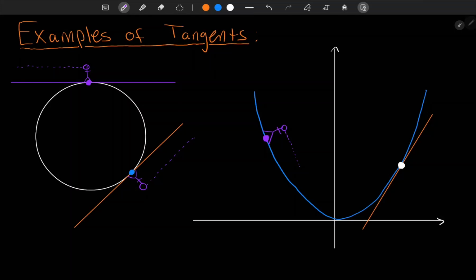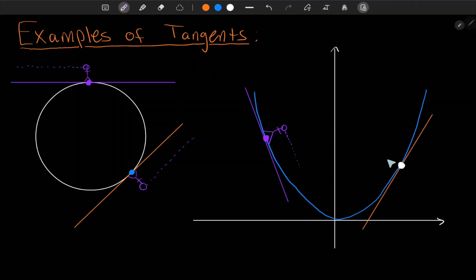Then we draw a line which passes through the purple dot and is parallel to this dotted line. Making sure that the line actually passes through the purple dot and is parallel to the dotted line, we find this purple line here, which is a tangent to the blue curve.